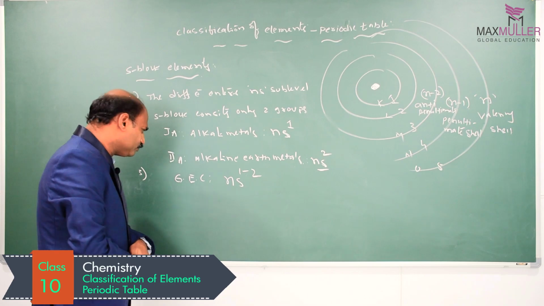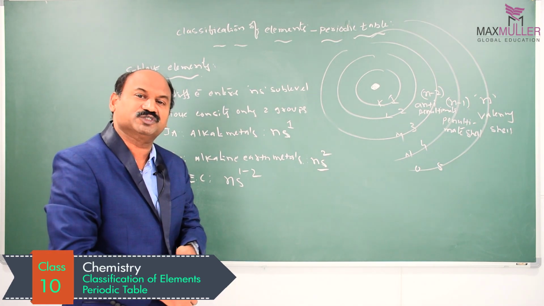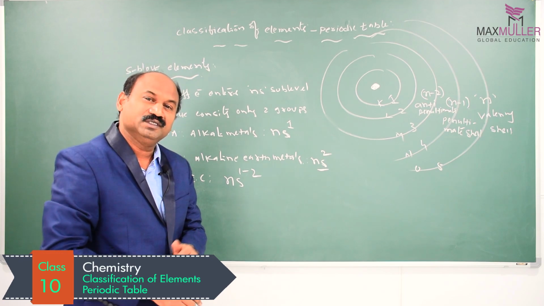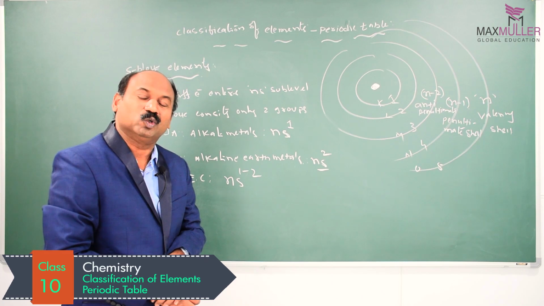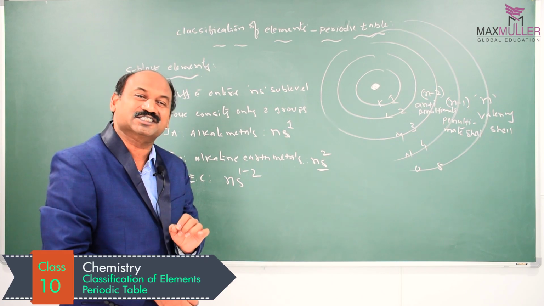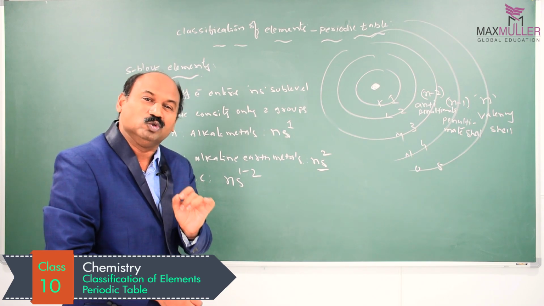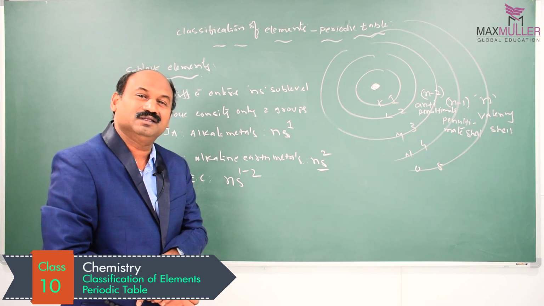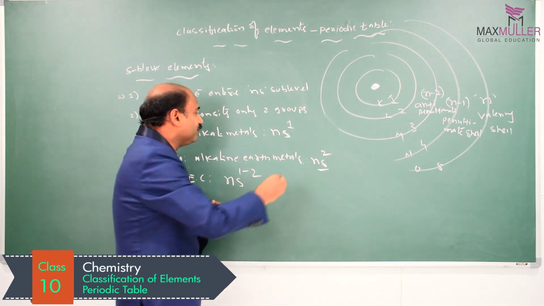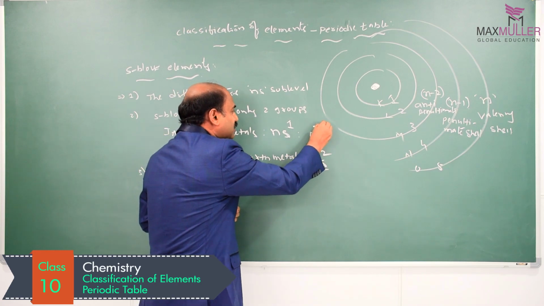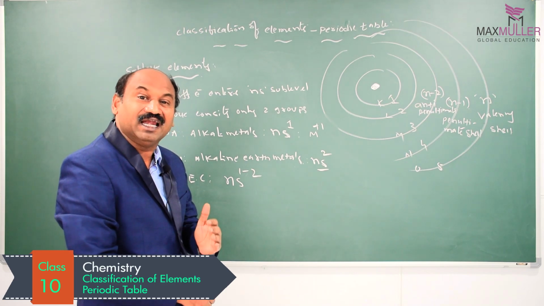Now, s block elements are highly electropositive. That means they have a tendency of losing electrons to get the nearest inert gas configuration. If alkali metals lose 1 electron, they will get the nearest inert gas configuration. That's why alkali metals form M+ ions, that means univalent cations.